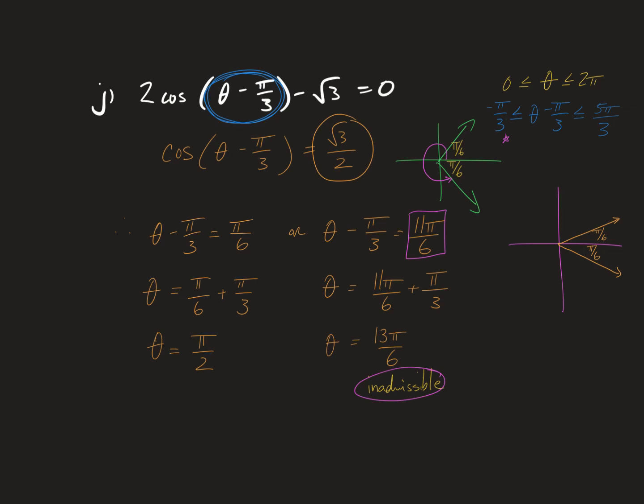So if I was to put on where my terminal arm would lie, and I'm going to do this in blue to match my restriction, negative pi by 3 is a bigger angle than negative pi by 6. So that blue terminal arm that I just put on would actually be the start, or something that would be allowed within my restriction, me rotating backwards.